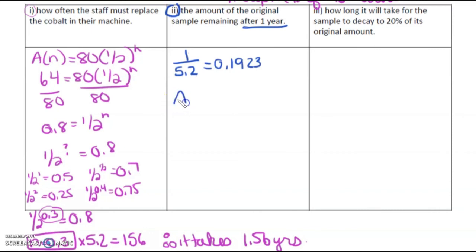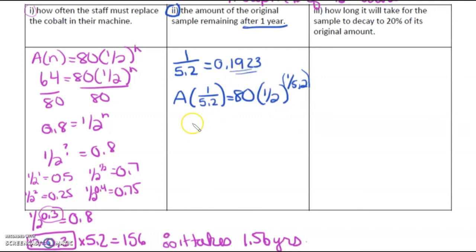So the amount at, and I'm going to actually use this ugly fraction because it's going to lead us into new equations, the amount at 1 year out of 5.2 years of the compounding period. If you're going to put this fraction into your calculator, it has to be grouped.